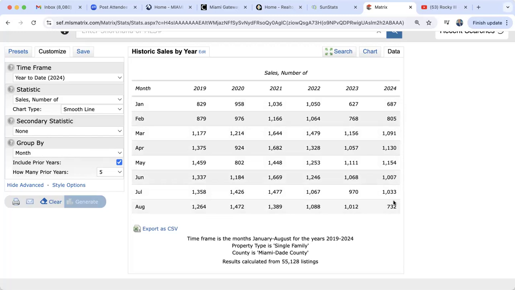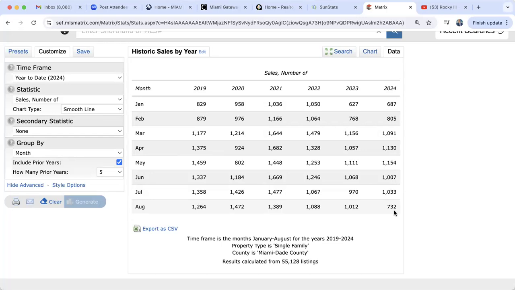And then, of course, take a look at what's happening in August, guys. These are year to date, up to date numbers. Last August, we sold 1,012 properties. We only have 3 more days left of August: today, tomorrow, and Saturday. We are at 732 properties sold.